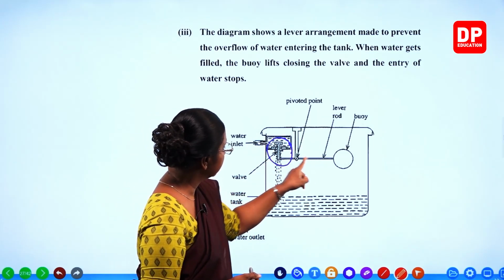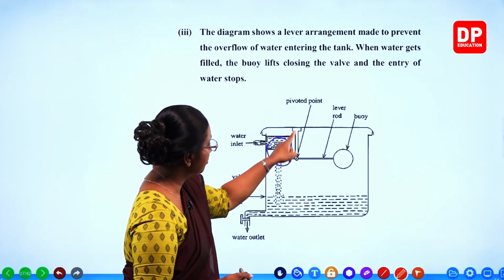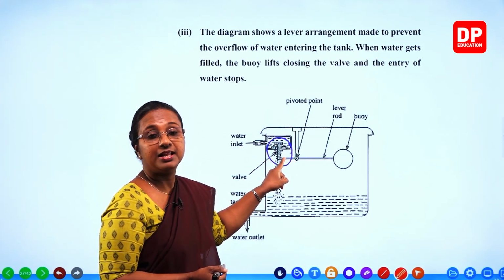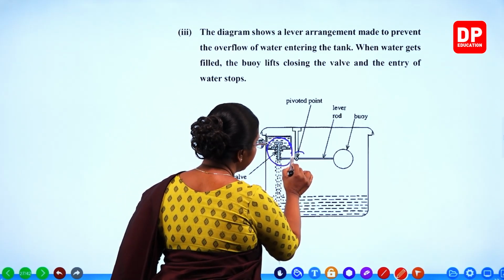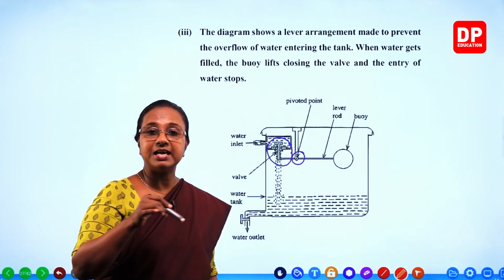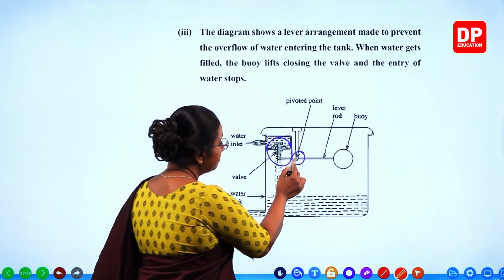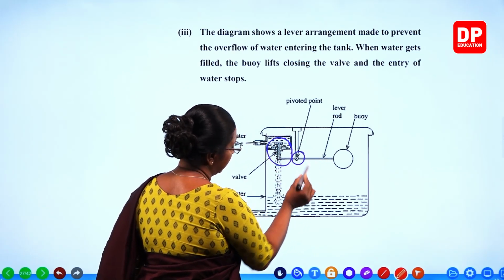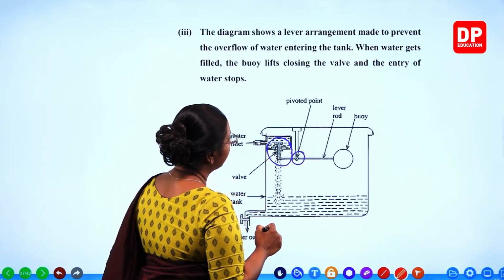Then you can see here there is a lever rod and there is a pivoted point, so it holds the lever rod. The lever rod does not come off, but this particular point is like a point of rotation. At this point the lever can rotate, it can move up and down around this point.